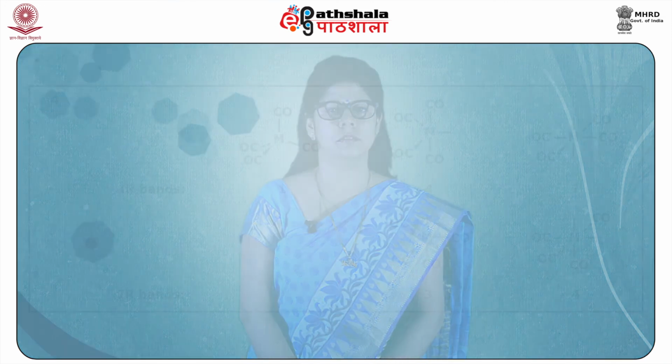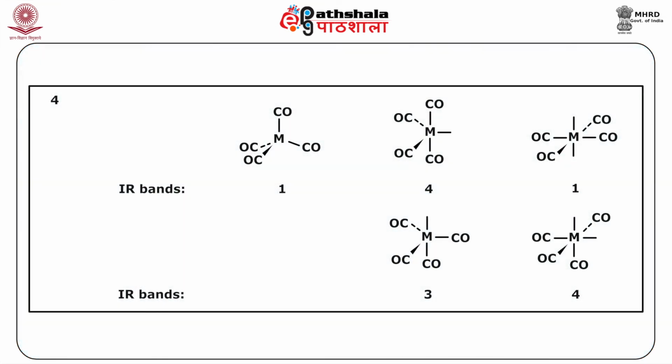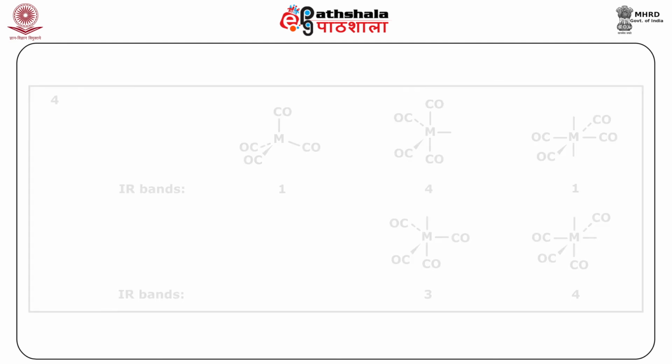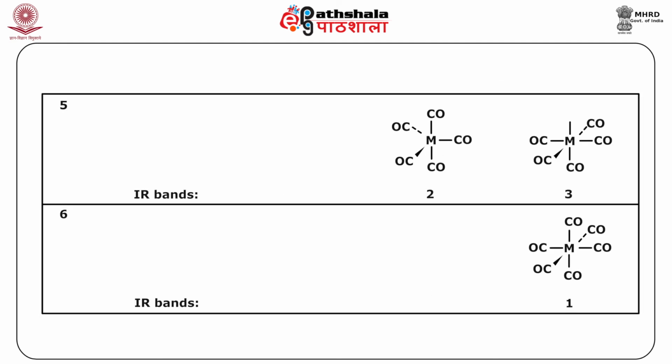carbonyl complexes. In the octahedral complexes containing four carbonyl ligands, the one where all four carbonyls are planar and in equatorial position, being more symmetrical, displays only one IR band, whereas the other isomer displays a greater number of bands. Interestingly, the pentacarbonyl metal complexes can have two types of structures.